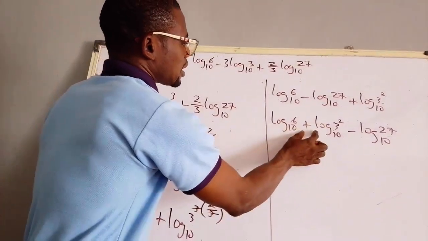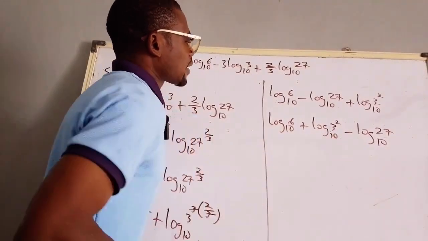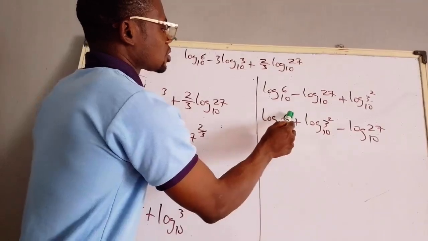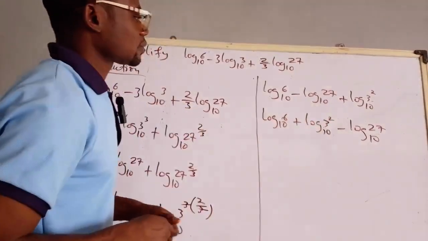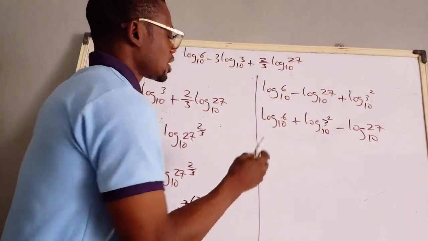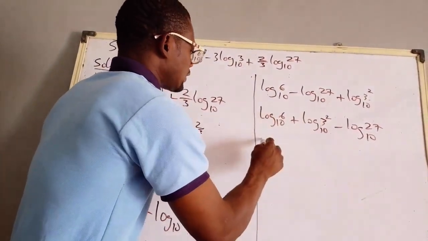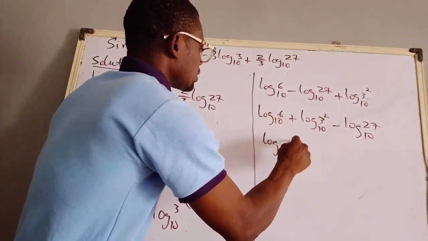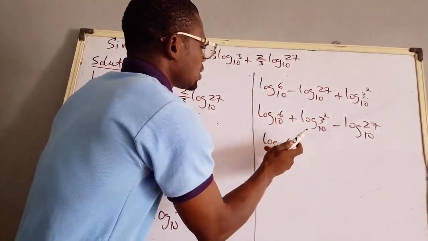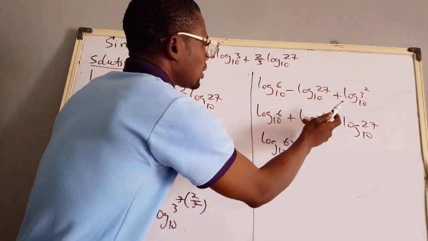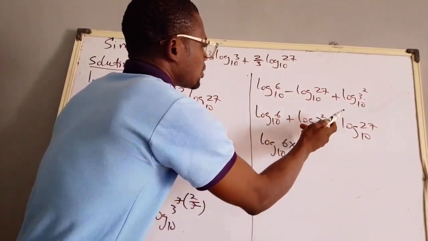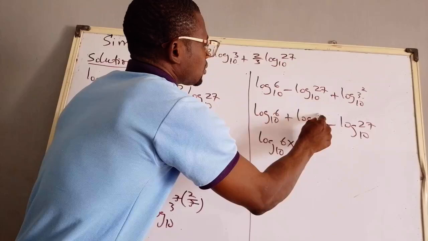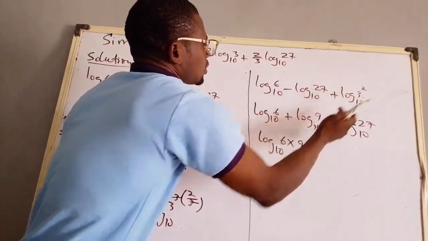But when logarithms of the same base are adding themselves, take one of the logarithms and multiply their exponents, their powers. So in this one now I will have log base 10 of 6 multiplied by this one, which is 9, right? It's 9 because 3 raised to the power 2 is 9. Let me write it like that.